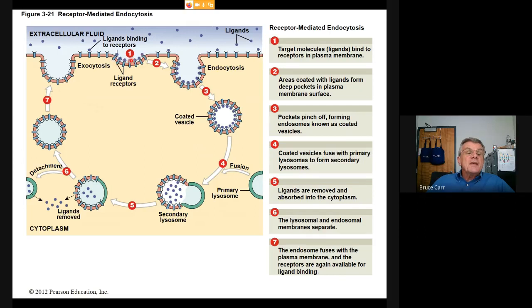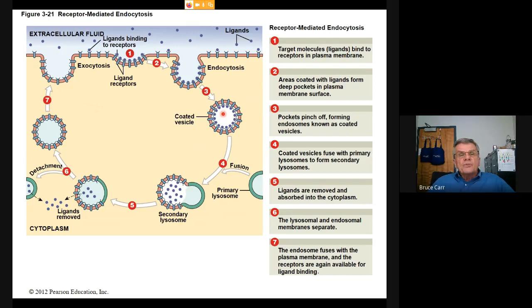You can see the early stages at 1, the later stages at 2, and then eventually the merging of these membranes to produce a membrane bubble called a vesicle. Now you'll notice when it does that, all that ligand that was bound from the outside is on the inside of this vesicle.